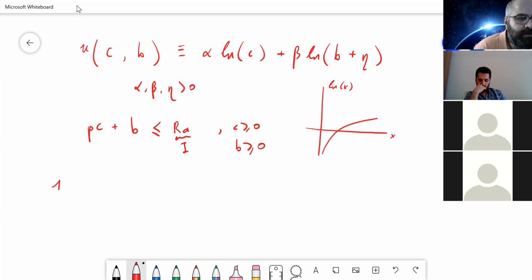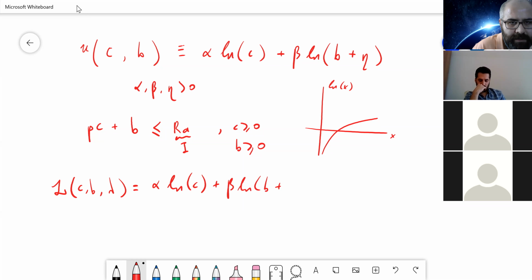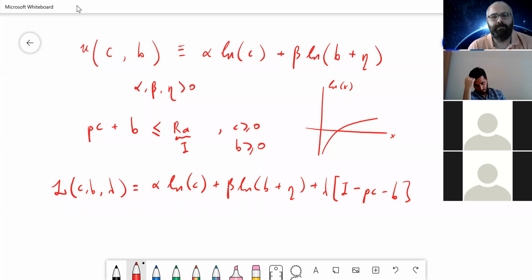Okay? So the Lagrangian now is defined by my choice variables, as I have only one inequality constraint, right? So I have alpha ln c, plus beta ln(b + eta), plus lambda times income minus consumption expenditure minus bequest, right?